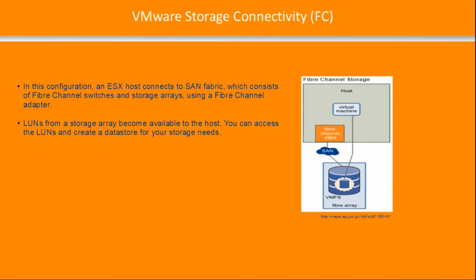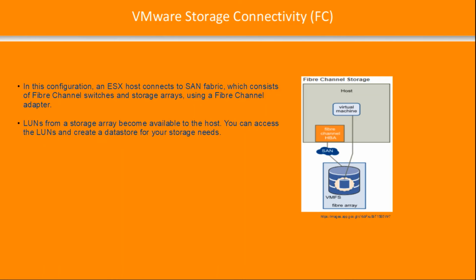Finally, we look at how VMware storage connectivity can work with Fiber Channel, which uses dedicated storage infrastructure: dedicated HBAs, dedicated cables, dedicated switches, and provides higher reliability but at a higher cost.